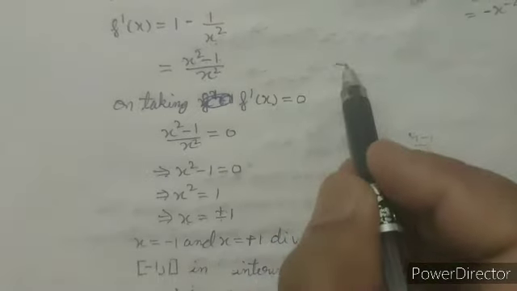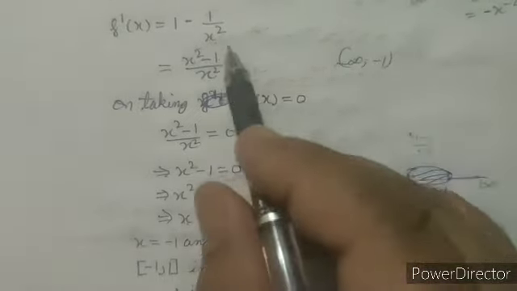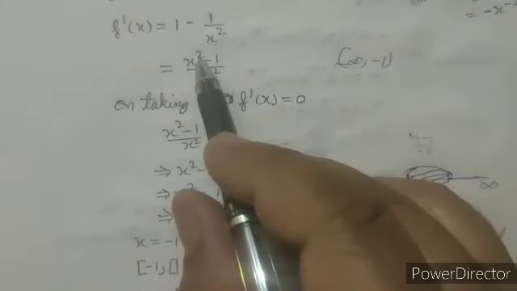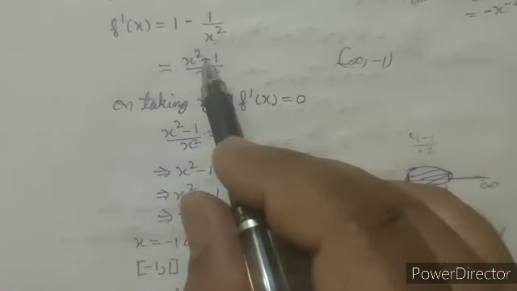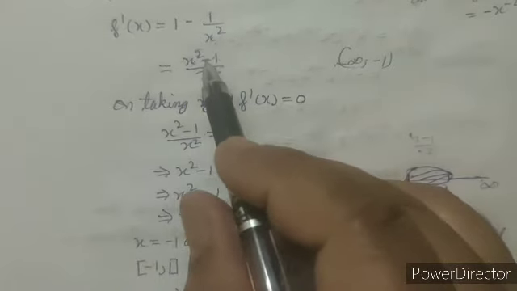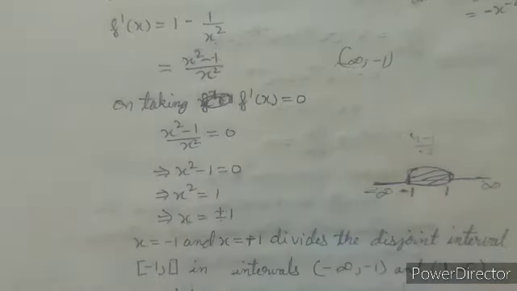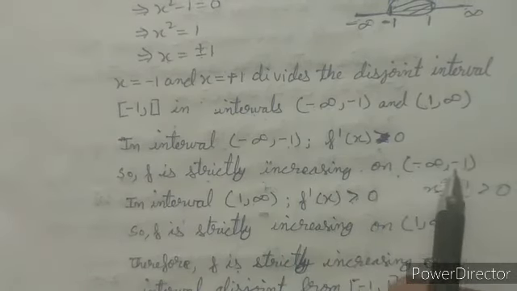Now in interval minus infinity to minus 1, the value of x square will be positive and greater than 1, so x square minus 1 will be greater than 0, and that means x square minus 1 upon x square will be greater than 0. So we can say that f is strictly increasing in interval minus infinity to minus 1.